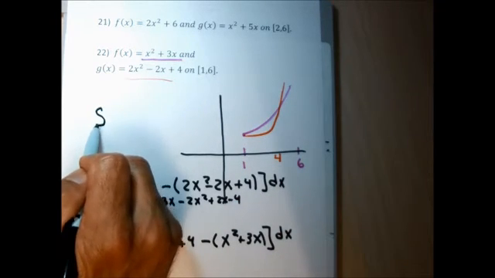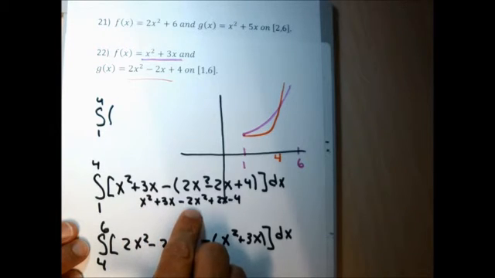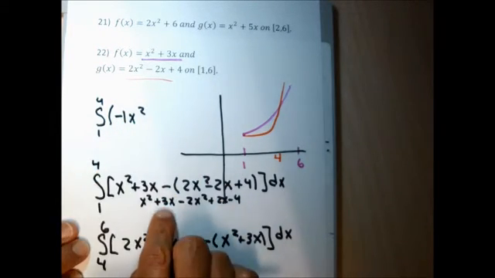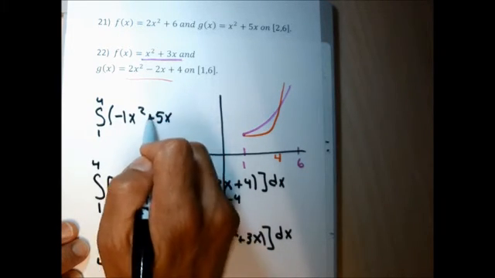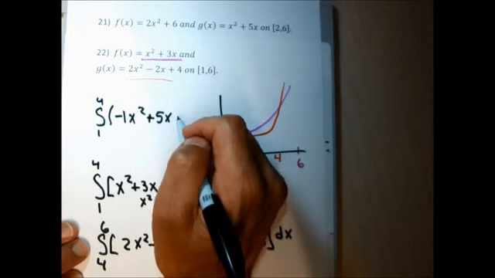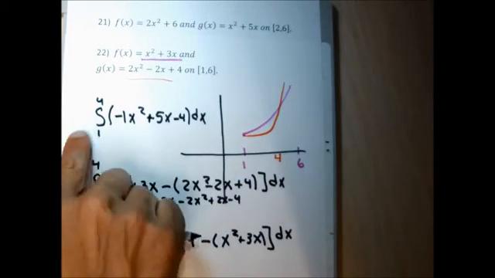So cleaning that function up, you get the integral from 1 to 4. X squared minus 2x squared is minus 1x squared. 3x plus 2x is plus 5x. And the minus 4 just hangs out. So that's the first function that I'm going to integrate.